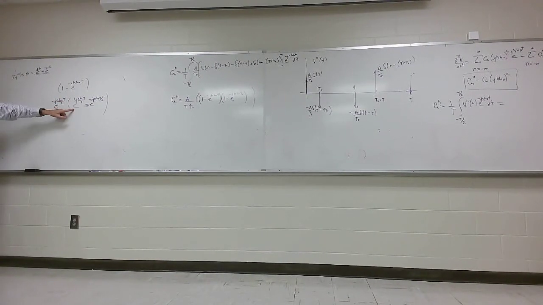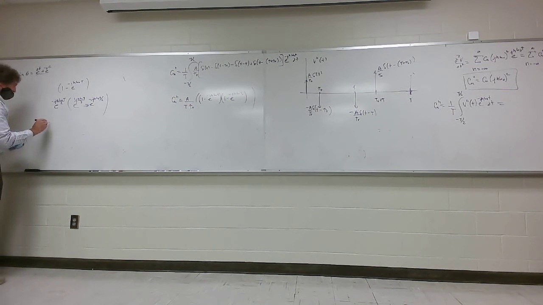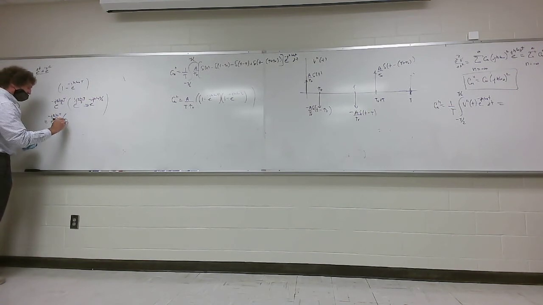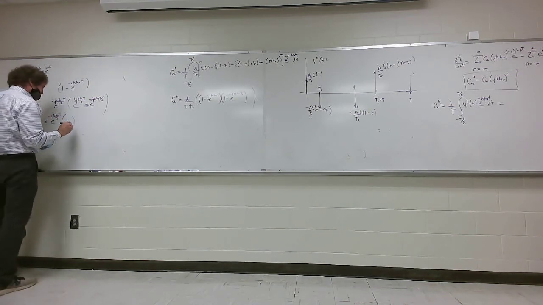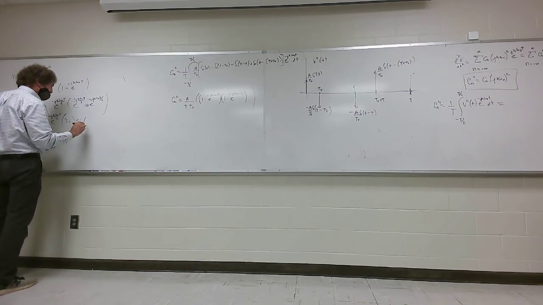So what does that become? That's 2j sine, isn't it, class? How many see this right here? Sure. This becomes equal to e to the minus j n omega naught tau over 2, and then it's 2j times the sine of n omega naught tau over 2, correct?